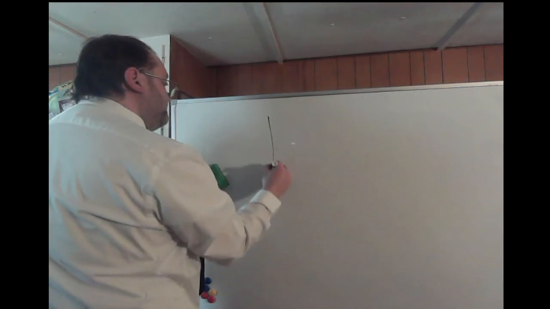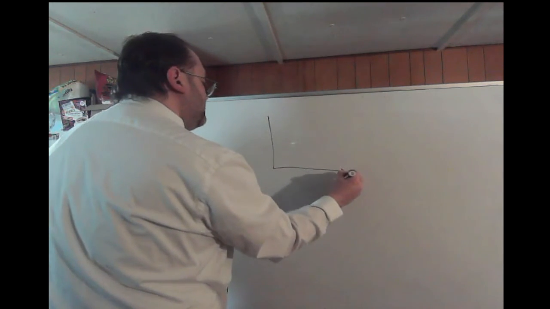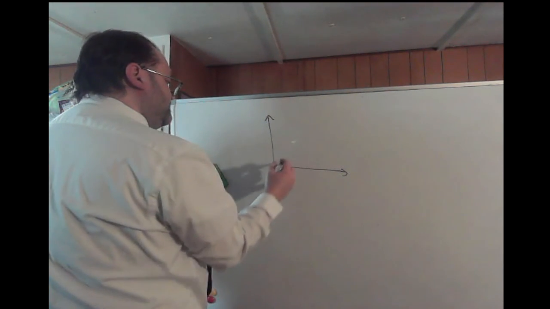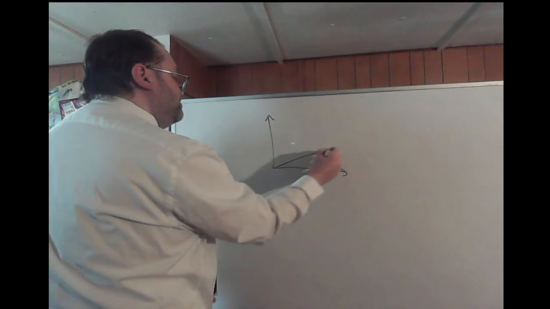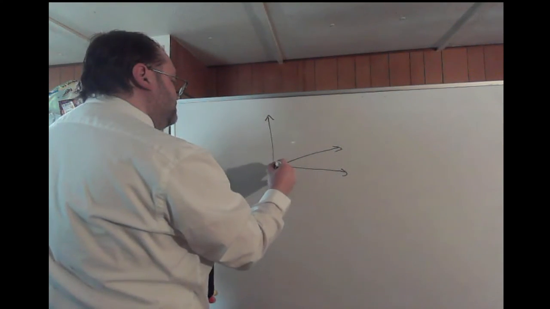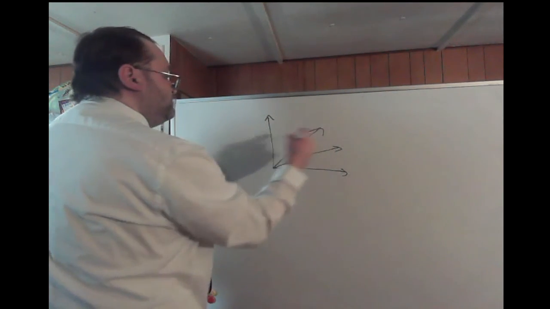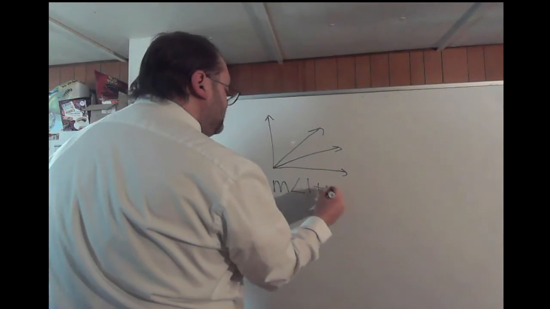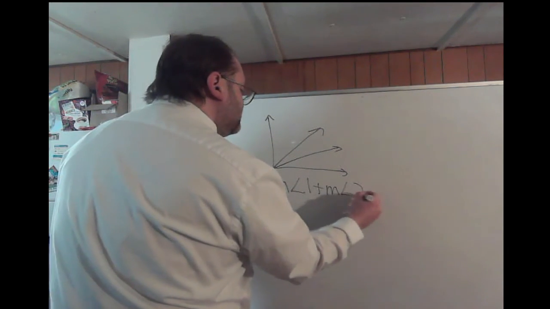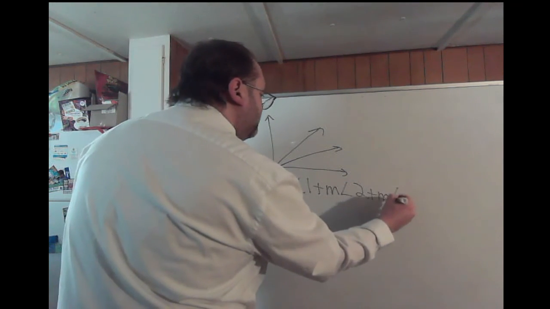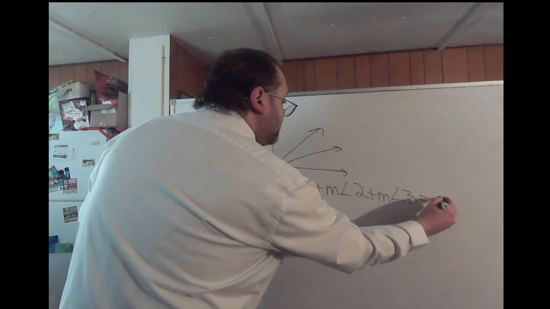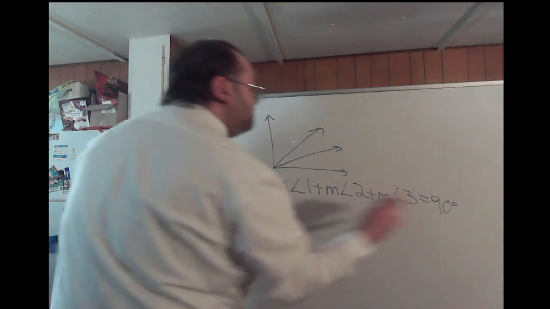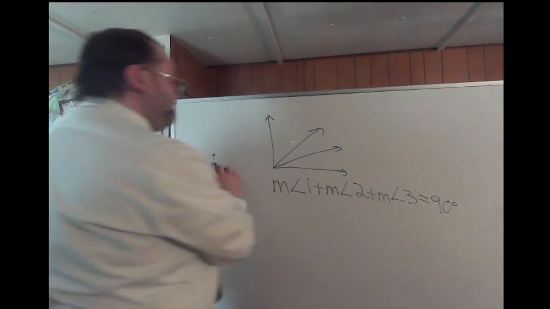And then of course, you have complementary angles. You could do one angle, two angles, three angles, heck, you could do 10 angles if you wanted, but the point is the sum of all the angles should add up to 90 degrees if they're complementary angles.